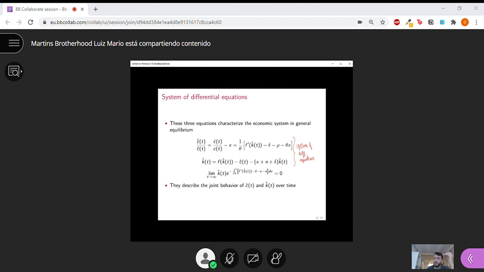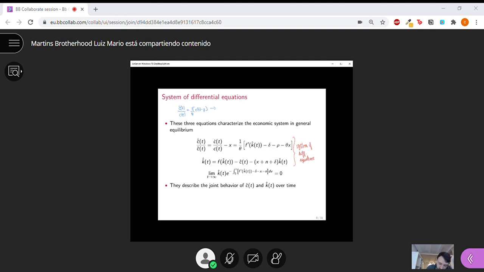The solution will be a function of c hat 0 and these variables that are here. Just to be clear, remember the problem set that you have now: c dot over c equals 1 over theta times (r minus rho).